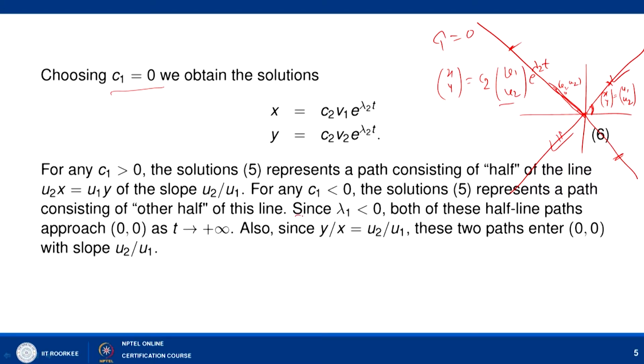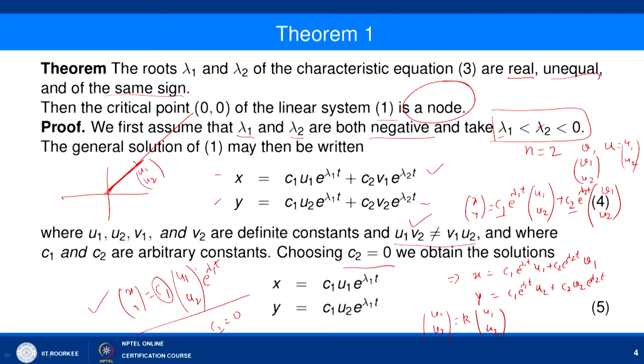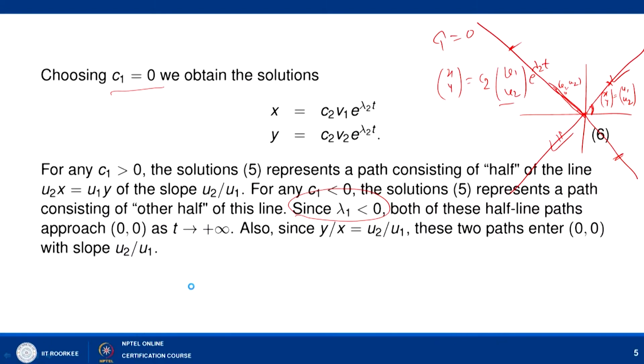Now, one thing we may note is that lambda 1 is negative. So as t tends to infinity, x and y tend to 0 along the line given by u2x and u1y. It means that as t tends to infinity and C2 is 0, the solution will tend to 0 comma 0 along the line with slope u2 upon u1.